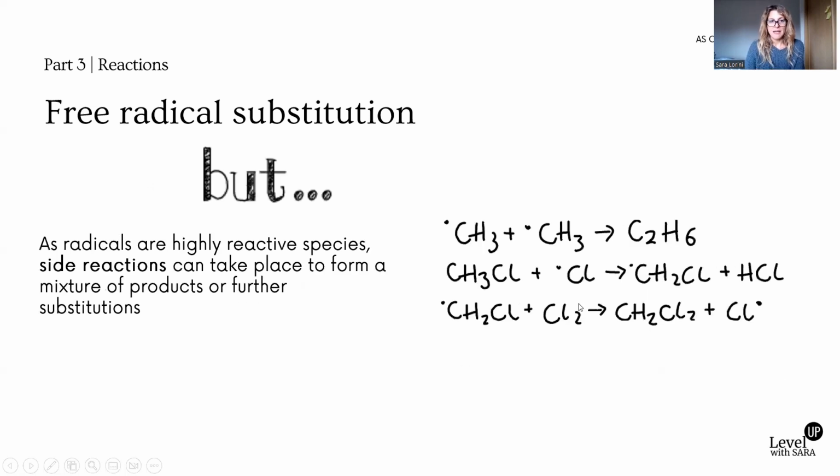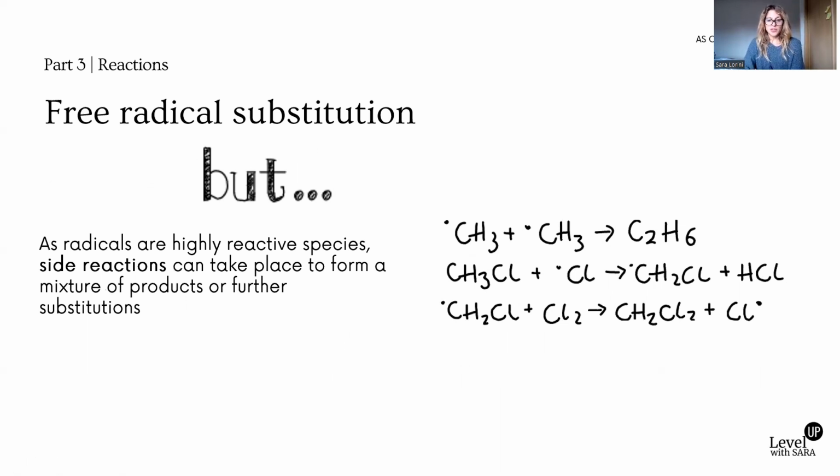The problem is that the radicals are highly reactive species, so a lot of side reactions could take place to form a mixture of products. We could have termination forming a bigger alkane, or we could have another propagation step, the second one, where it's further substitution. So it's really difficult to control.